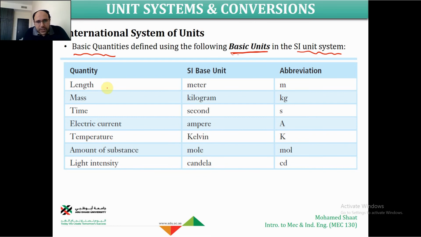So length in the SI system could be measured in meter, centimeter, millimeter, nanometer, and so on. But all of these are different units. For example, if I ask you what is the length of this pen, you're going to say that it is 100 millimeters, which is equivalent to 10 centimeters, or equivalent to 0.1 meter.